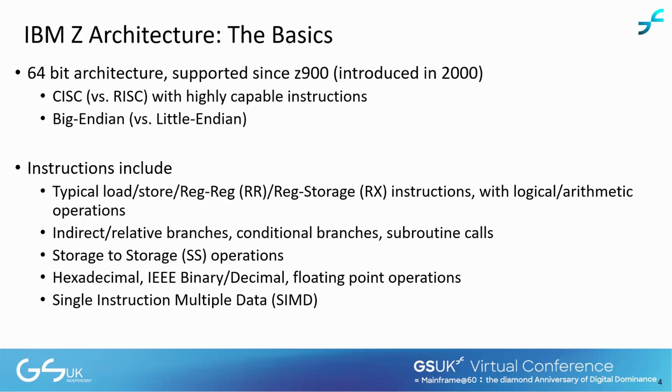Then on Z13, we added support for SIMD, single instruction multiple data, and that in turn laid the groundwork for a lot of the vector operations that themselves in turn laid the foundation for the matrix operations upon which a lot of the AI applications, all the inferencing, is based. So it's a state-of-the-art architecture.